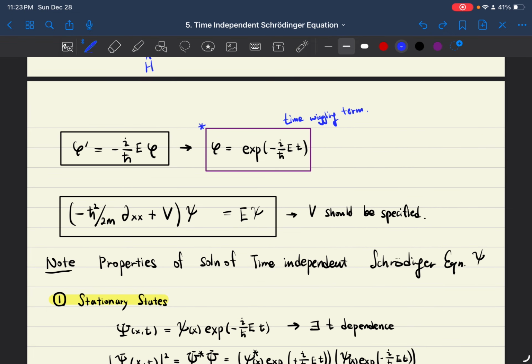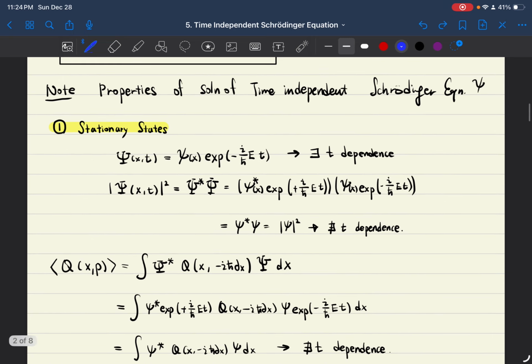Now to attack this problem, we have to specify the potential V. In most cases, the potential is given by the problem. So here are some notes: properties of the solution of the time-independent Schrödinger equation.